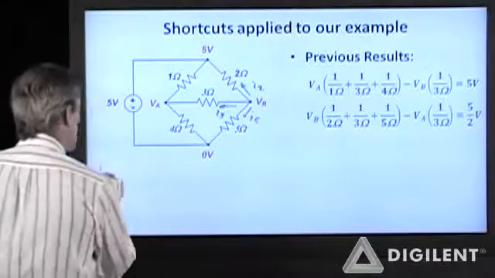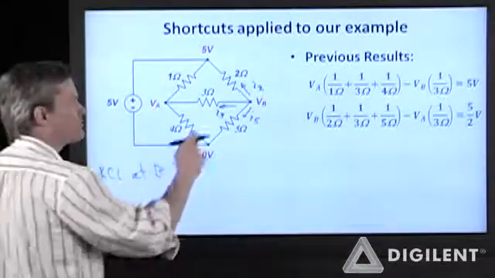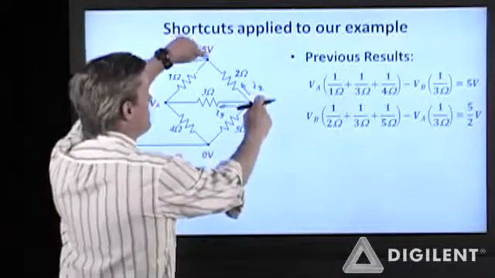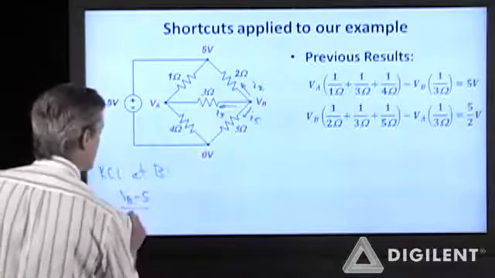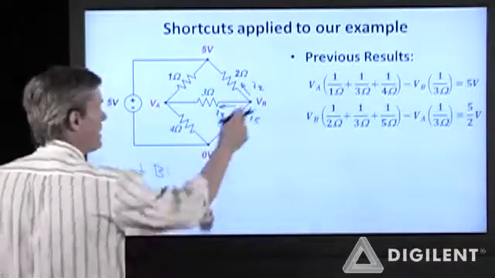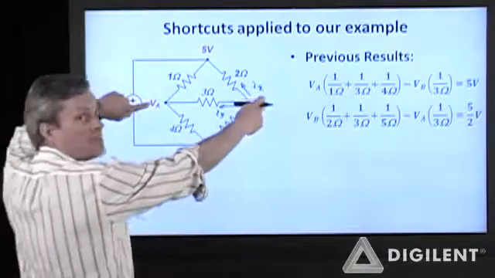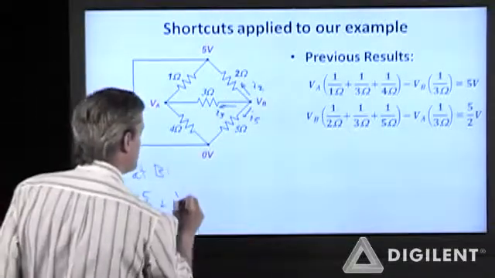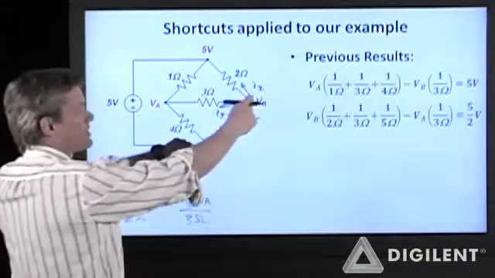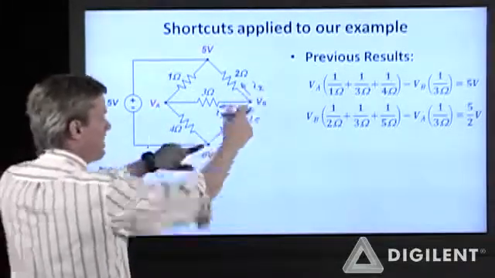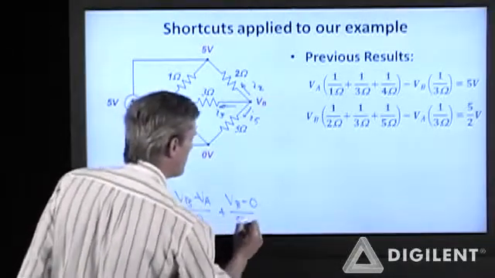So now KCL at B gives me the current I2 is VB minus 5 over 2 ohms, plus the current I3 is the difference in voltage, VB minus VA, over 3 ohms, plus the current I5 is VB minus 0 over 5 ohms.